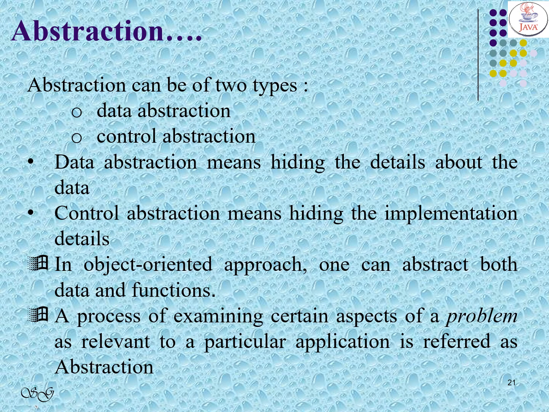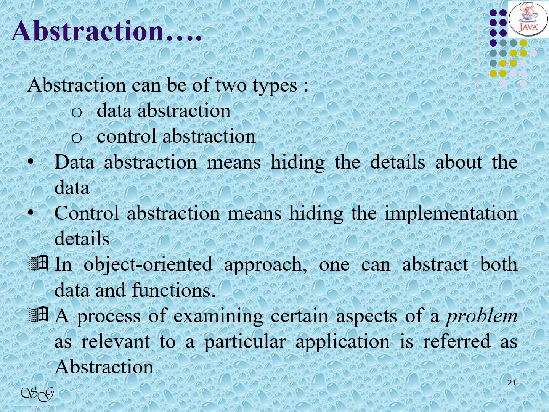Continuing with the abstraction concept, abstraction can be of two types: data abstraction and control abstraction. Data abstraction means hiding the details about the data. Control abstraction means hiding the implementation details.